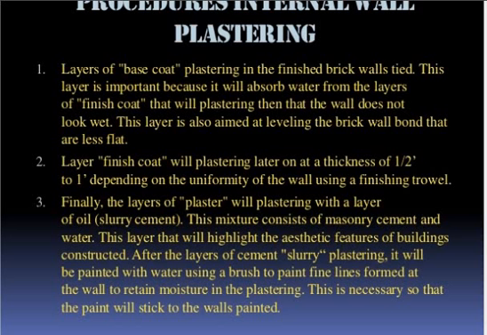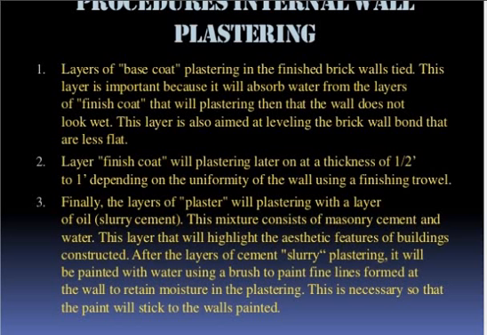We talk about the layers of internal plastering. Internal plastering is formed from three layers. The first layer is called the base coat, plastering on the finished brick wall. This layer is important.